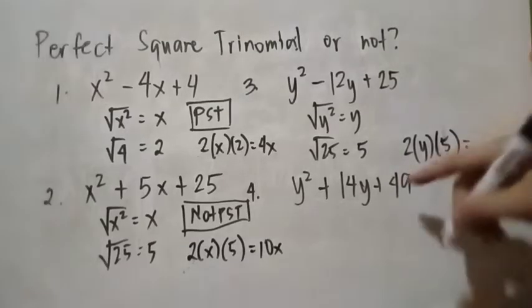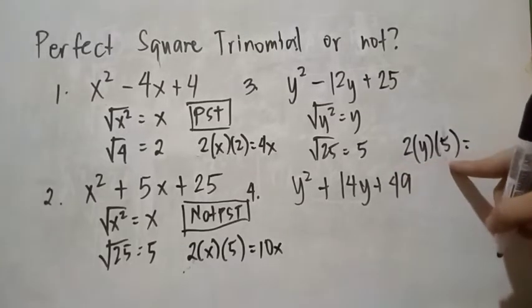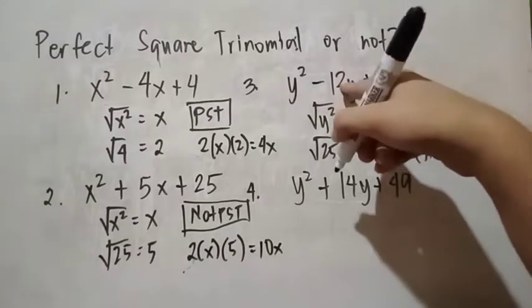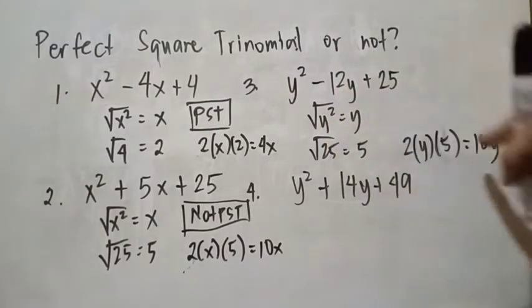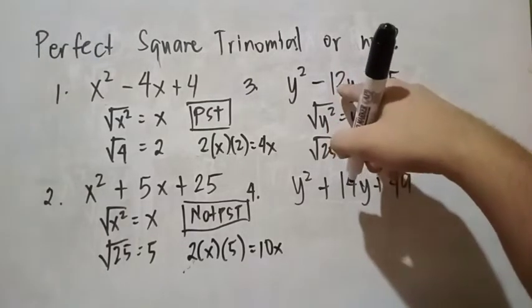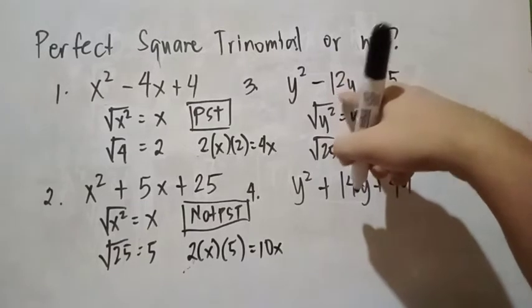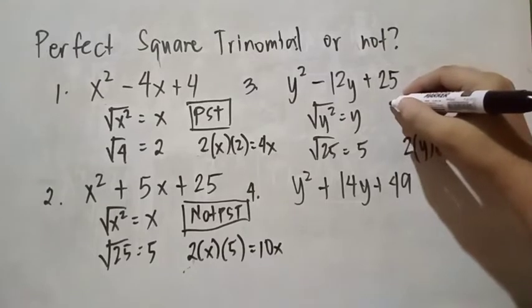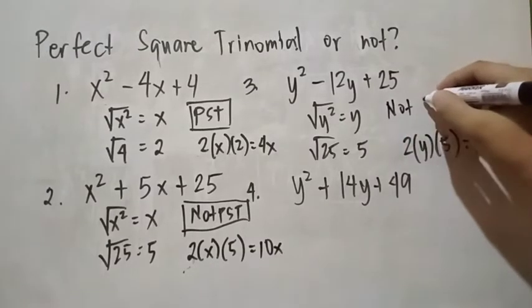Ayan. And then, imumultiply natin itong tatlo. So, we got 10y. And 10y ay hindi middle term ng expression. So, hindi nag-match yung 10y sa middle term na 12y. So, therefore, hindi rin itong perfect square trinomial. So, not a PST.